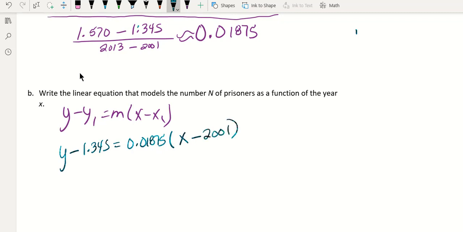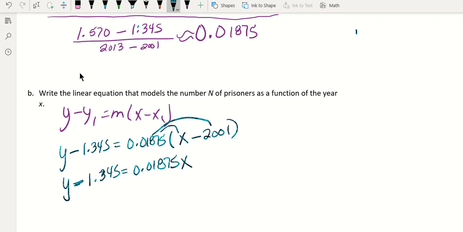Now we must distribute. We have y minus 1.345 equals 0.01875x.